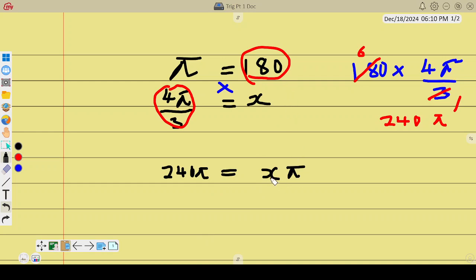So meaning we have to remain with x alone. How do we remain with x alone? We divide both sides by pi. So this and this will cancel, and we remain with x is equal to, even this and that will cancel. So x will be 240 degrees.